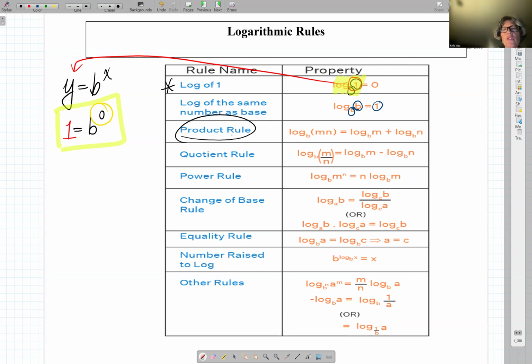Then, of course, you have the product rule, which means you add the logarithms, quotient rule, which means you subtract the logarithms. And then they get increasingly more complicated, but those first two are the most important, and they're going to come in the graphing that we're going to do.